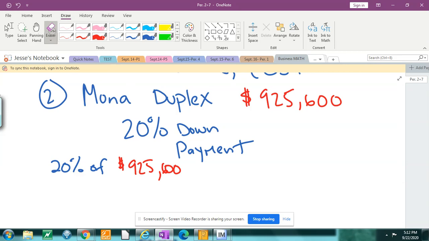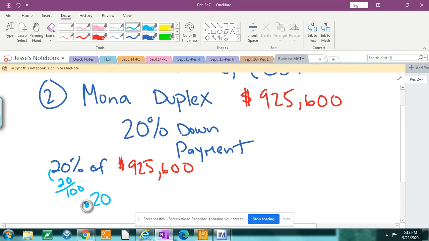Let me just go ahead and erase it. There you go, 600. So what do we go for the 20%? We go 20 over 100. So make sure you have the work. Don't just have the answers because I'm not going to give you credit. When you divide this in your calculator, you should get 0.20 or 0.2.